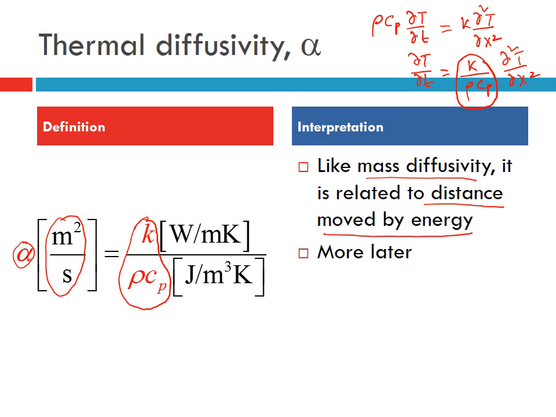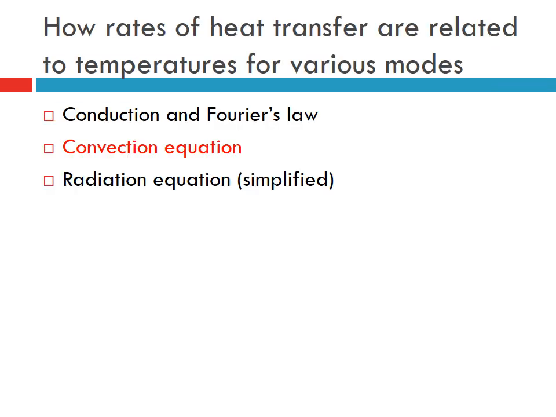Okay, so higher thermal diffusivity means the energy front moves more easily. Okay, as I said, more on this is going to be discussed later. Okay, we're finally done with conduction and we move on to convection.